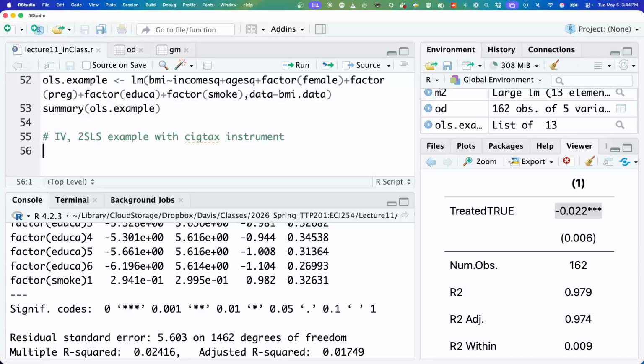Okay, so we're going to work through this manually, where we essentially do our first stage and then run our second stage. And then I'm going to show a package that will do it all at once for you.